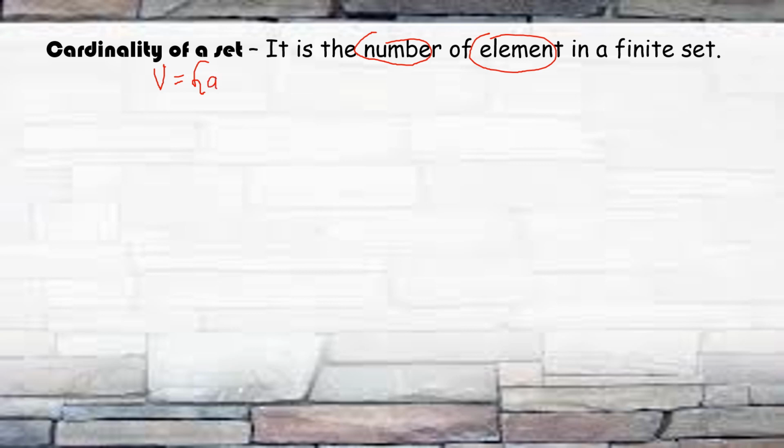We have A, E, I, O, and U. So, what is the cardinality of the set V? So, the cardinality of V is equal to 5. Bakit 5? Kasi we have 5 elements. Diba? So, that is what we call cardinality of a set.